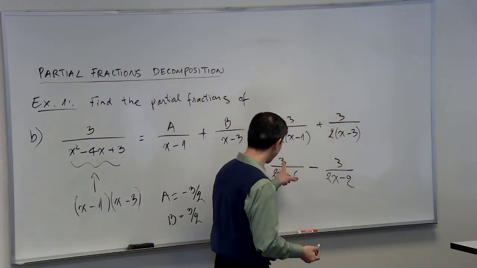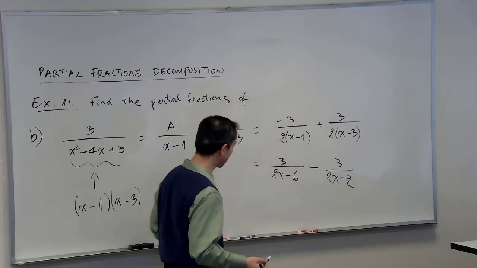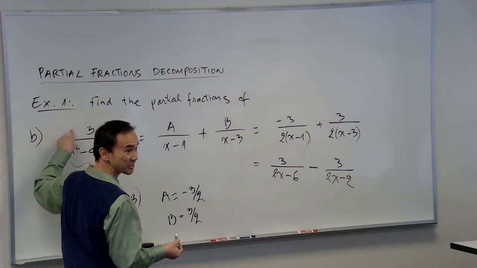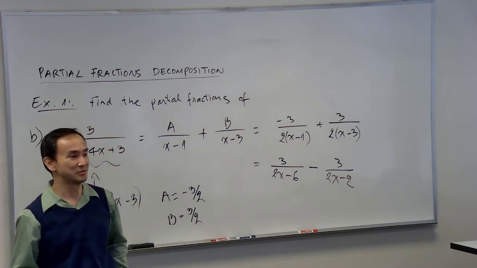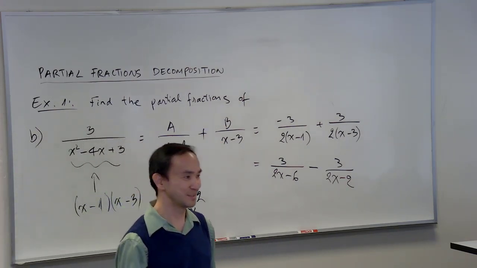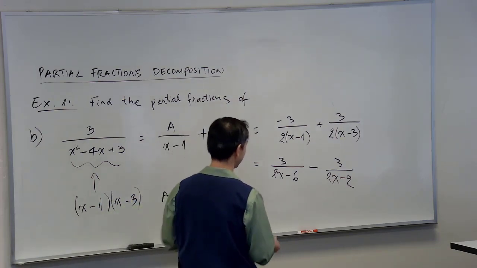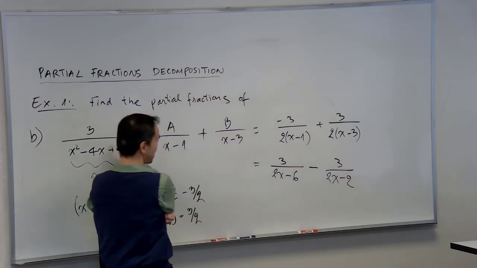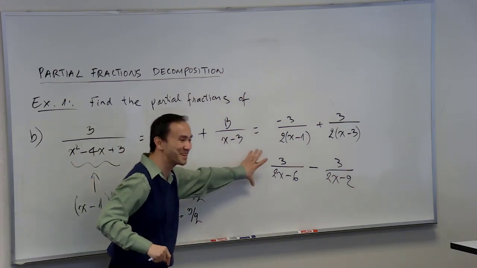But in order to check if you have found the correct A and B, go ahead and recombine them. See if you land on that precise expression from the beginning. Make a common denominator, multiply that through, to see if you agree. So I highly recommend, once again, try that.